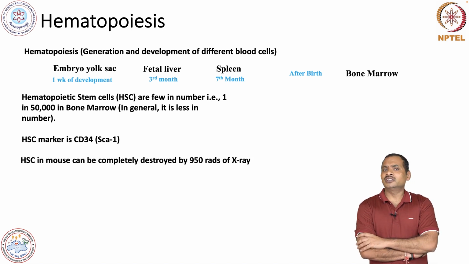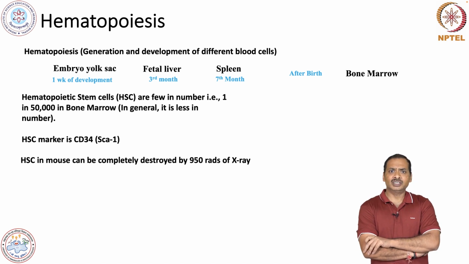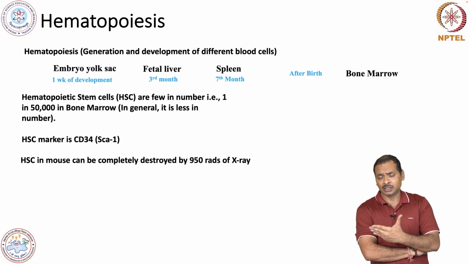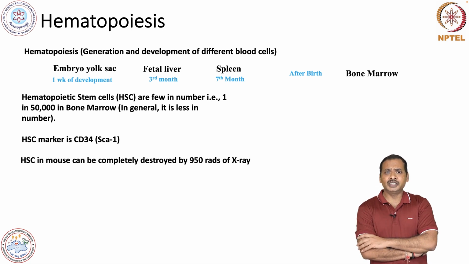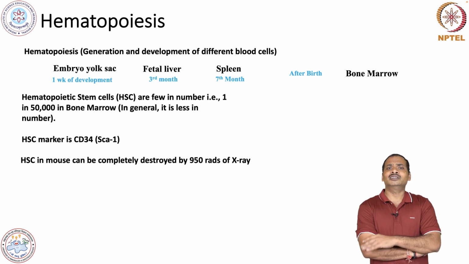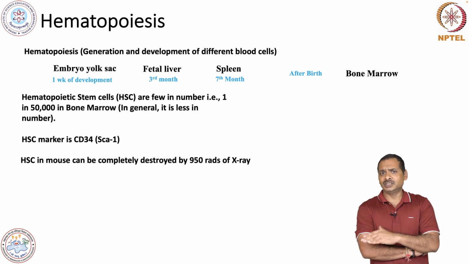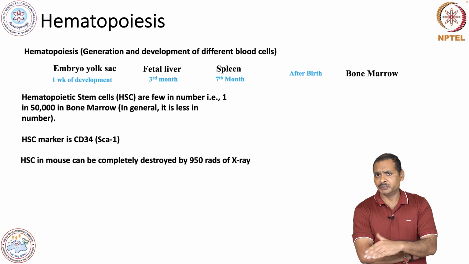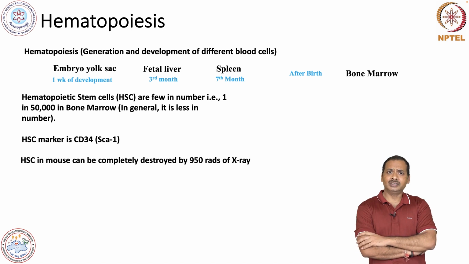If you irradiate the mice with X-ray at 950 rad, which is a unit for radiation, then you can deplete all the hematopoietic stem cells, as well as all immune cells in the mice. Okay.